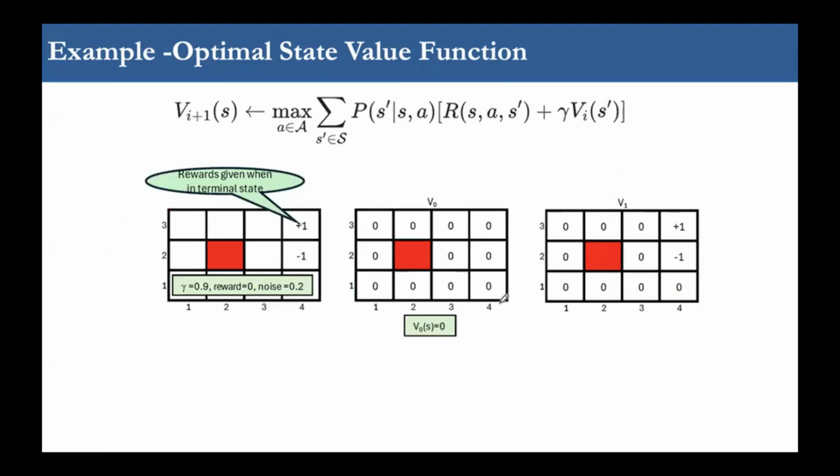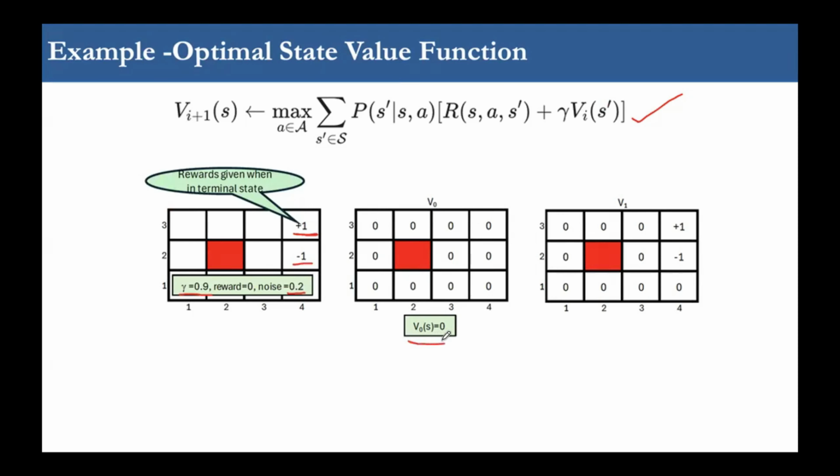We'll see the same example. The equation we have rewritten is given here. Now the reward, as we have already seen, is plus 1 for the positive goal and minus 1 for the negative goal. The discount factor gamma is equal to 0.9, the reward for any cell is initially 0, and the noise is 0.8. It means that if it does the proper move, the probability is 0.8, and if it does the wrong move, the probability is 0.2.